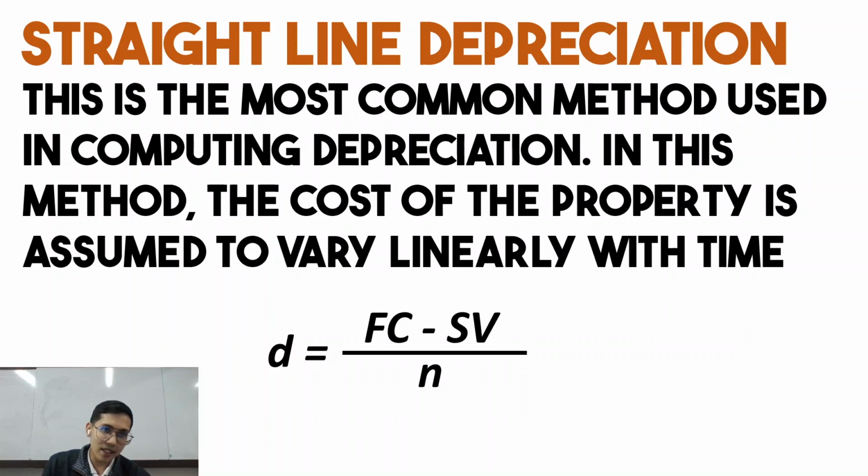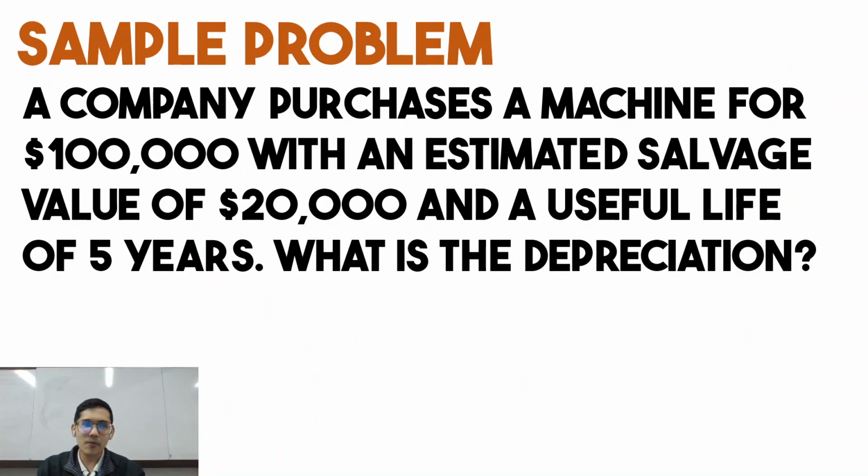Okay. Para mas maintindihan natin siya, let's solve a sample problem. A company purchases a machine for $100,000 with an estimated salvage value of $20,000 and a useful life of 5 years. What is the depreciation? Gagamitin natin dito straight line, kasi given naman tayo ng first cost and our salvage value. May kadugtong naman yan, use straight line depreciation. Kadalasan, ganun yung mga tanong natin.